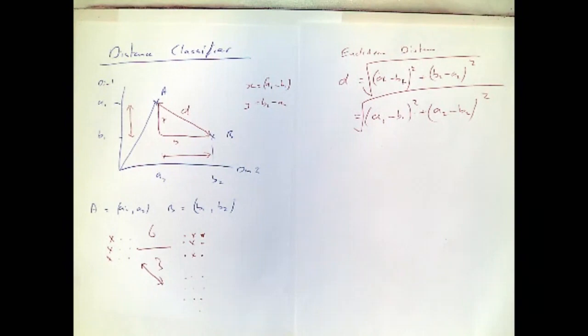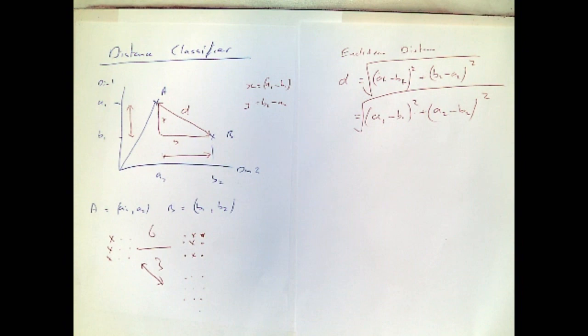Extend it to 3 dimensions. What's the formula going to be? You could draw the geometry. It is going to be the square root of a1 minus b1 squared plus a2 minus b2 squared plus a3 minus b3 squared.